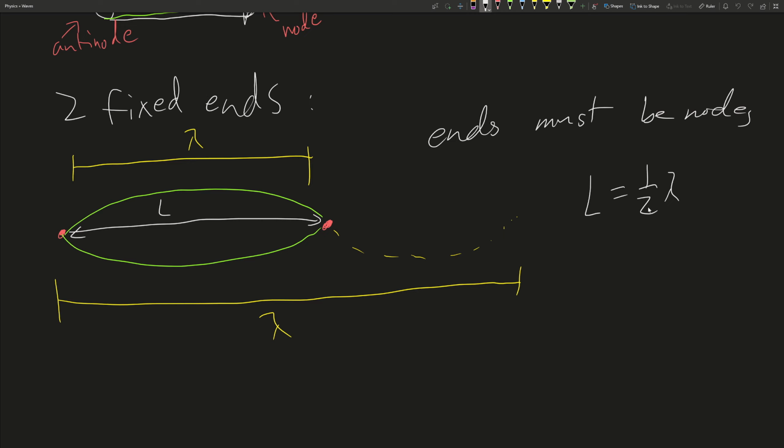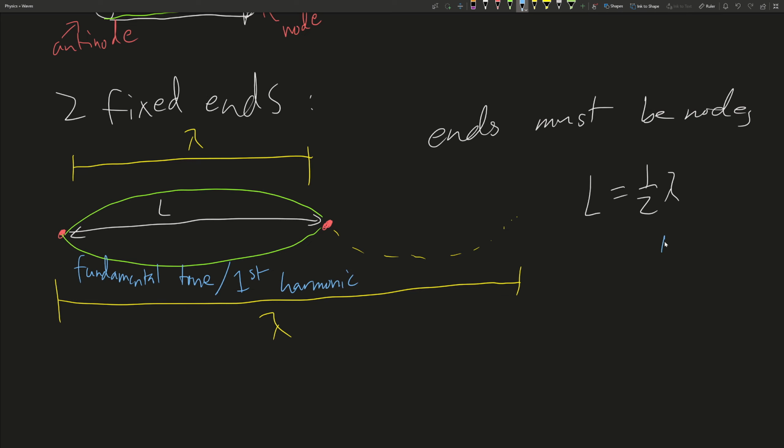And then the length of the string is equal to half of this wavelength. We'll label this the fundamental tone or the first harmonic.